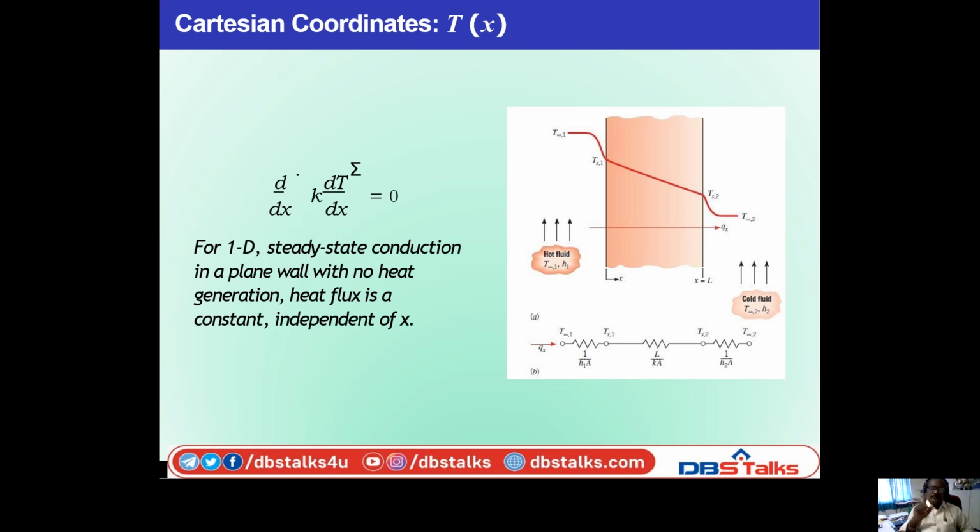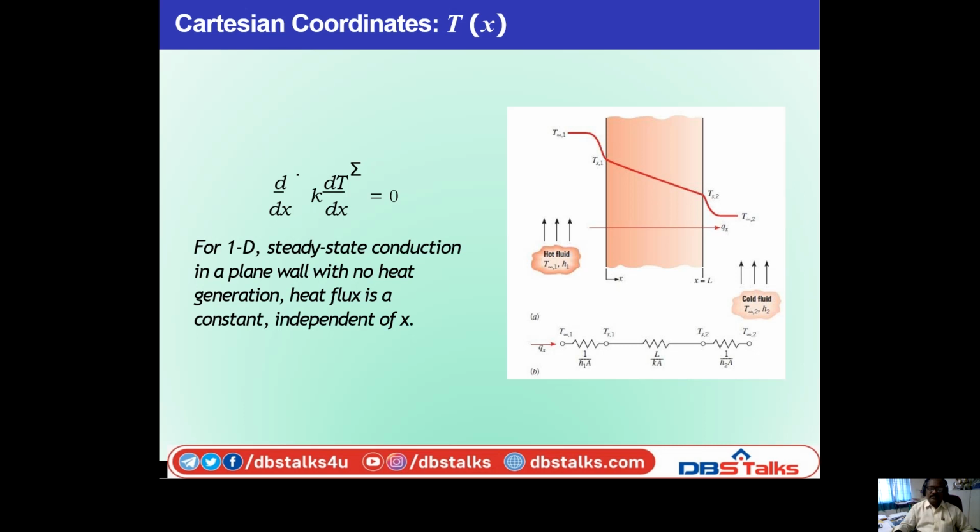Since it is one-dimensional, ∂/∂x of (k ∂T/∂x) equals 0, because ∂T/∂y equals 0 and ∂T/∂z equals 0. This will be the differential equation for one-dimensional heat transfer.